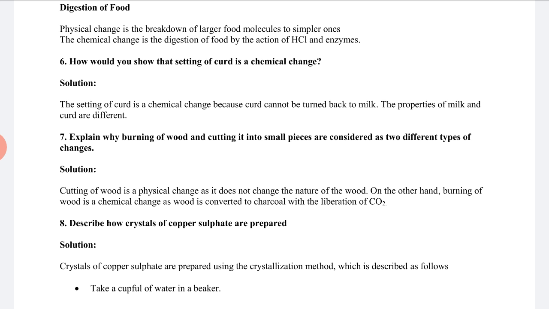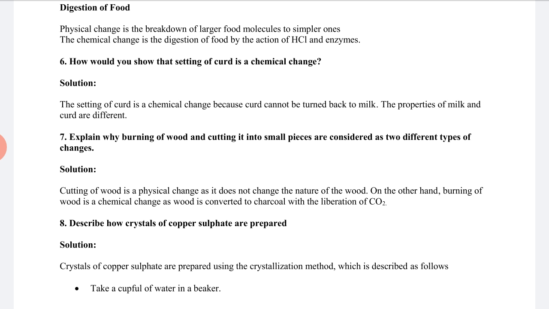Next question: explain why burning of wood and cutting it into small pieces are considered two different types of changes. Here is the solution. Cutting of wood is a physical change as it does not change the nature of the wood.